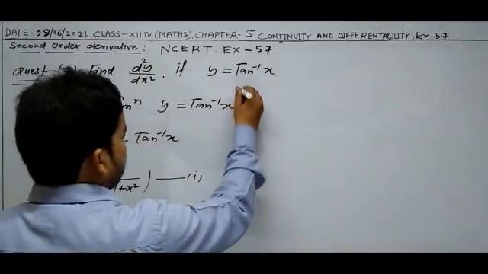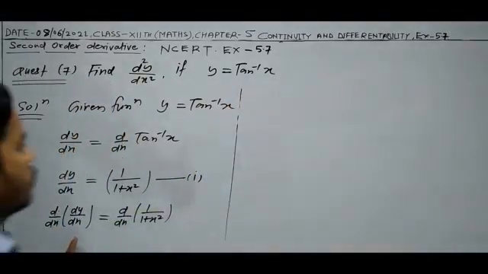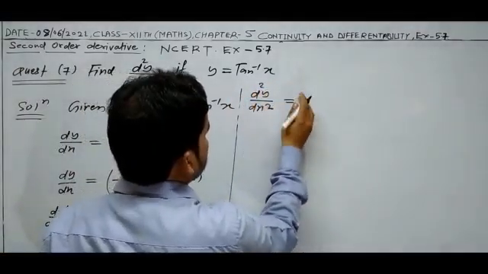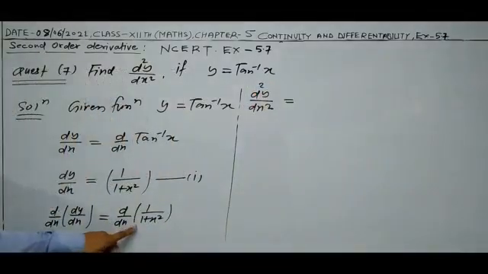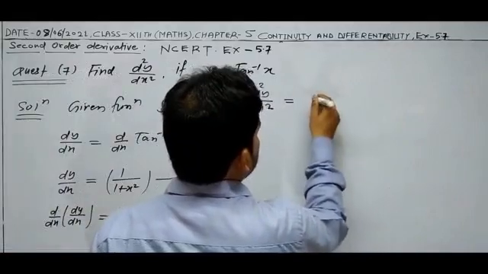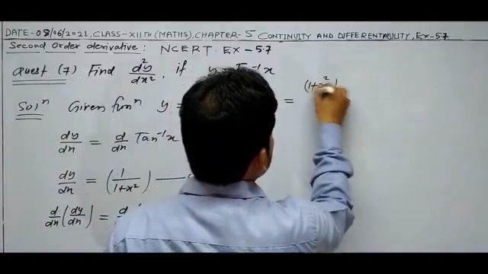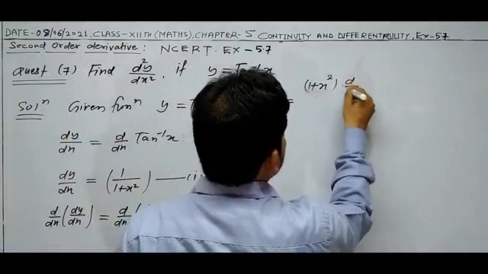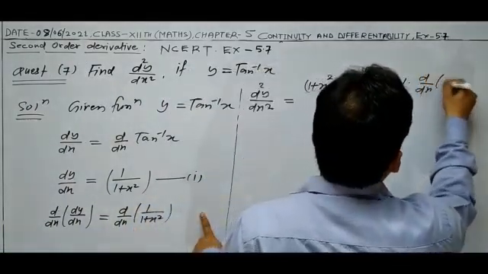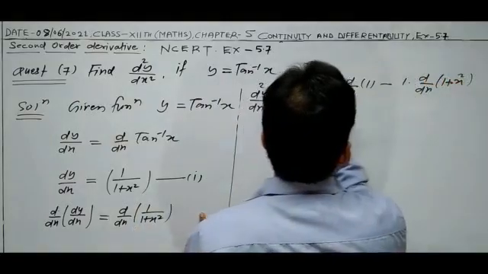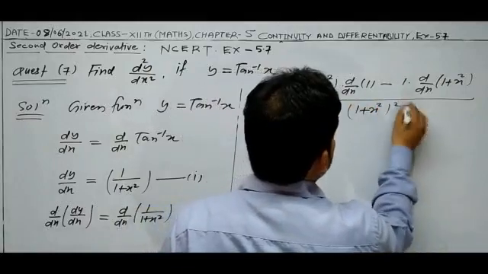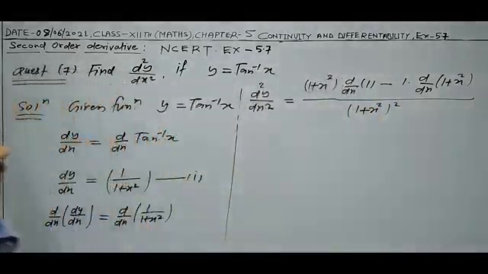So the result will be d2y by dx2 is equal to g(x) into d by dx of f(x), meaning 1 plus x square into d by dx of 1, minus 1 into d by dx of 1 plus x square, whole upon 1 plus x square whole square.